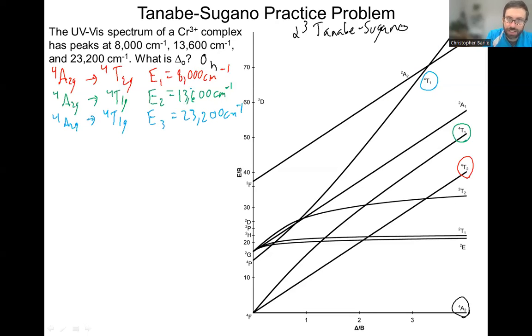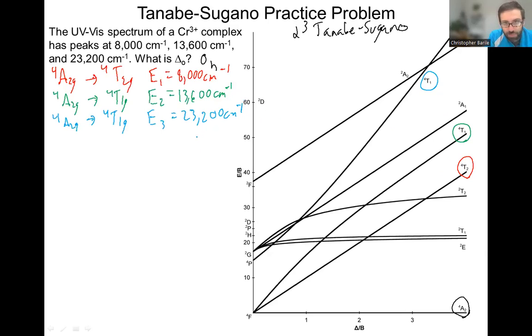Depending on how the problems are manufactured, you don't necessarily need to have this matching. Here we had 3 spin allowed states and they gave me 3 peaks. Great, but in this case it works out. Now if somehow they gave me 4 main peaks, and I knew they're all d-d transitions from some other information, then I would be in trouble here because I only have 3 spin allowed transitions.